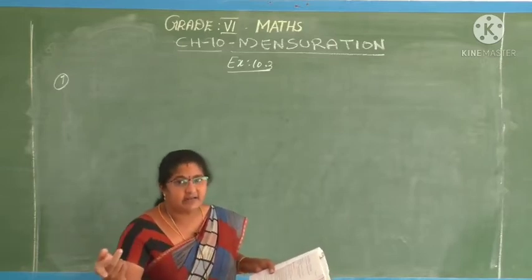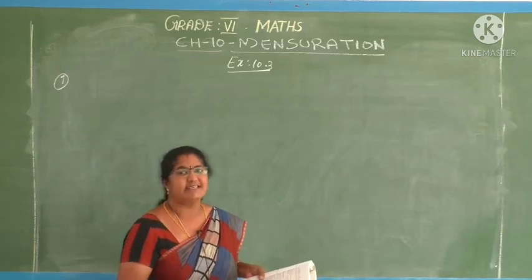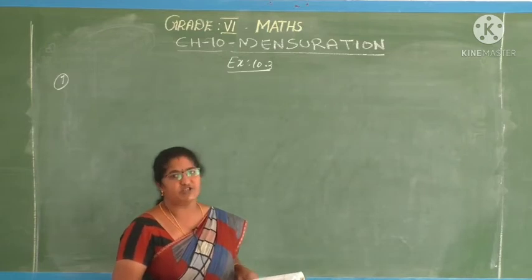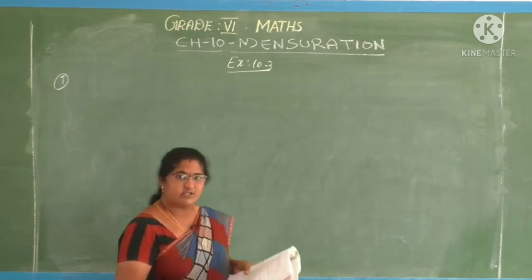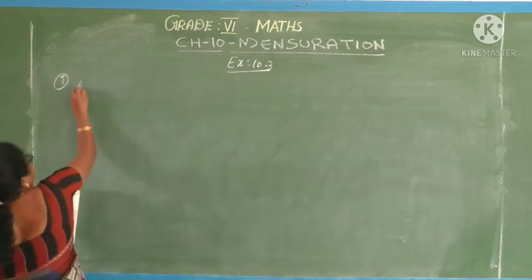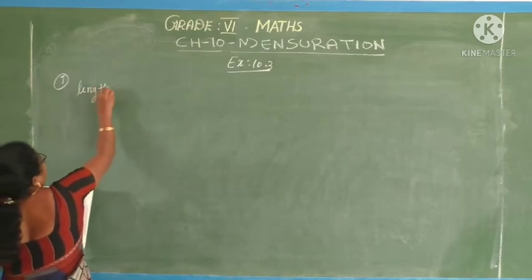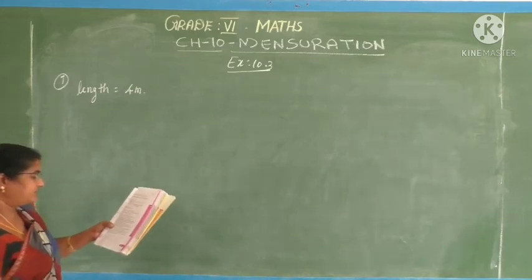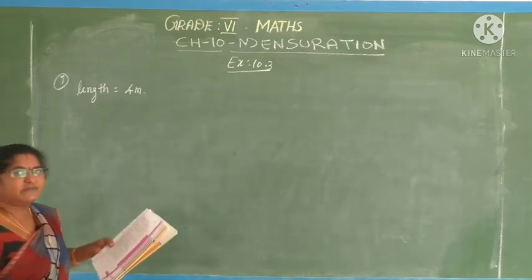Length and wide means breadth. So it is a rectangle. Here they have given 2 measurements, length and breadth. So we write length equal to 4 meter.